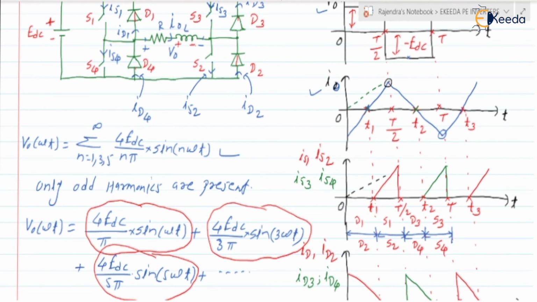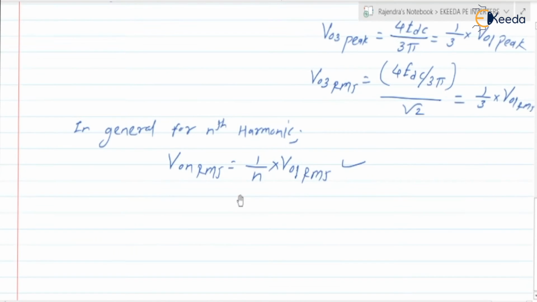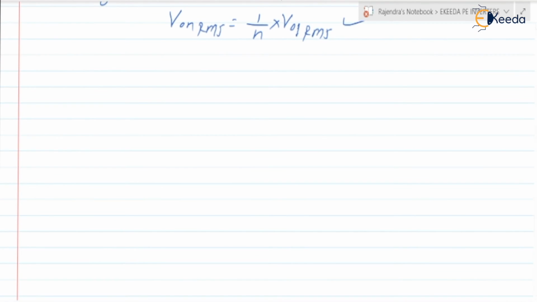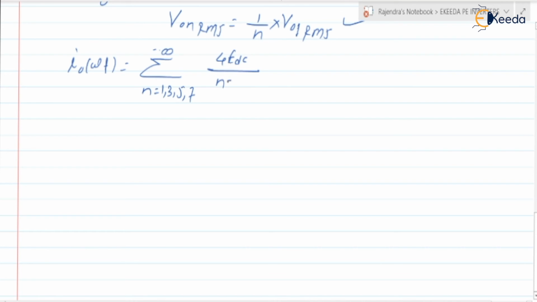Since the load is an RL load, we can write I0(ωt) equal to the summation over n equal to 1, 3, 5, 7 up to infinity of V0(ωt) divided by impedance, that is 4 EDC divided by nπ Zn into sin(nωt − θn).